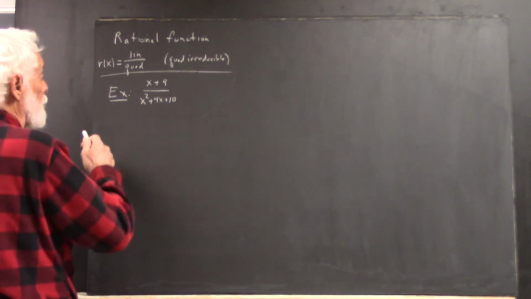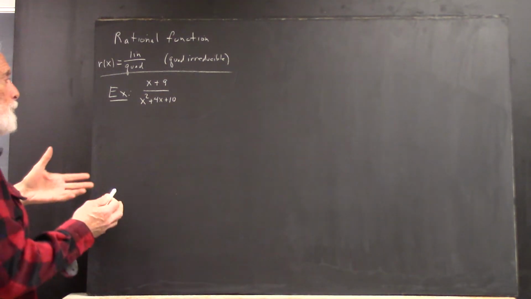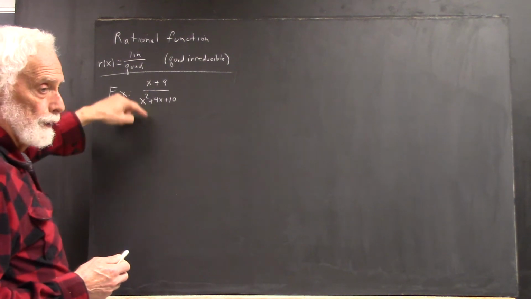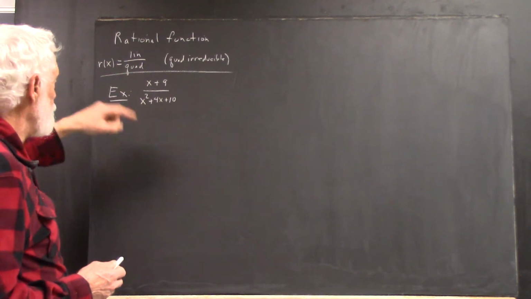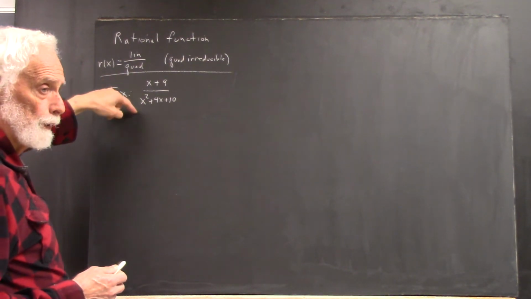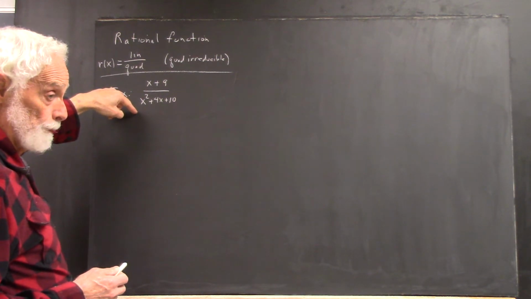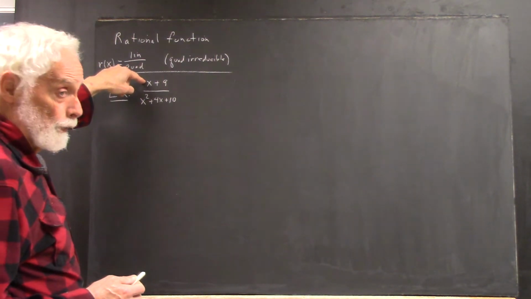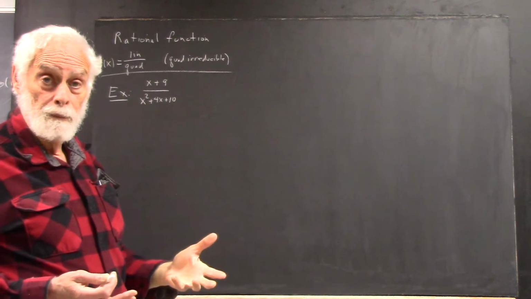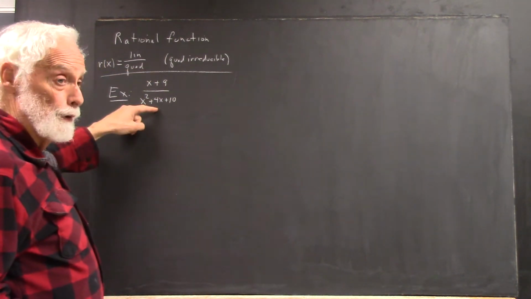Okay, so the first thing we do when we see a quadratic rational function is we find the zeros of the numerator, zeros of the denominator. Zeros of the numerator are going to be zeros of the entire function unless they're matched by zeros of the denominator.